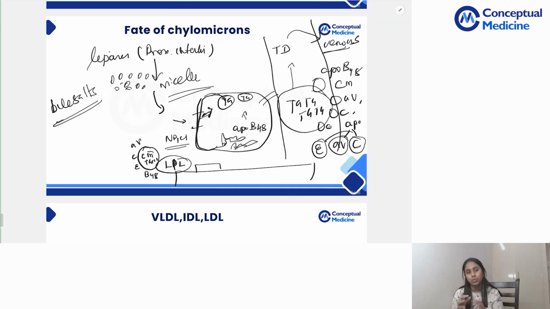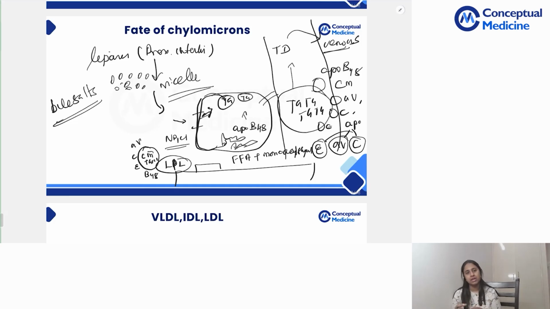So what does this lipoprotein lipase do? It breaks down these triglycerides into free fatty acids and monoacylglycerol. A lot of free fatty acids get emanated. Now these free fatty acids, depending on which tissue the lipoprotein lipase is present in, will be metabolized accordingly.